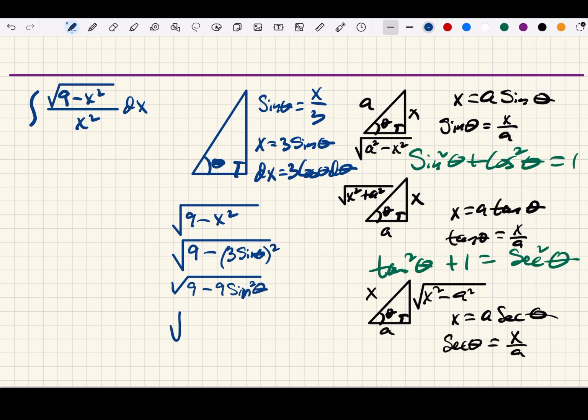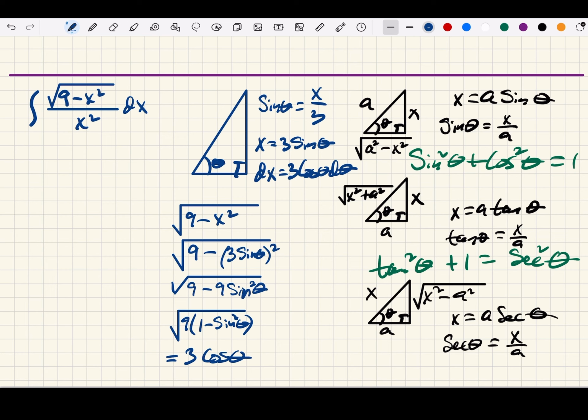That is the square root of 9 times 1 minus sine squared theta. That is going to be equal to what? 3 times what? 3 times cosine of theta, because 1 minus sine squared theta is cosine squared, right? The square root of cosine squared is cosine. So this is just 3 cosine theta.